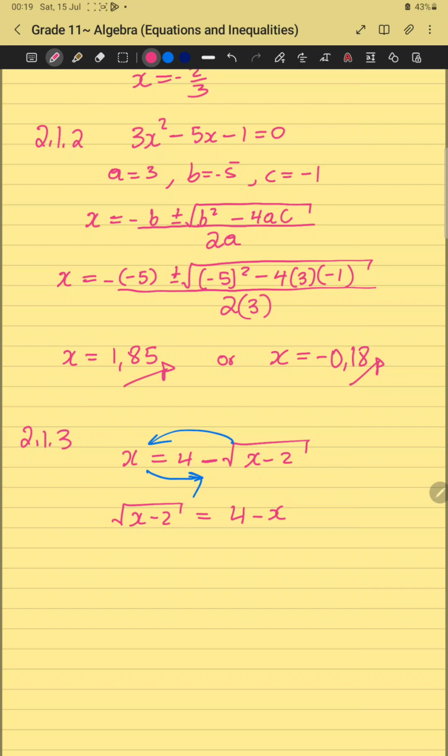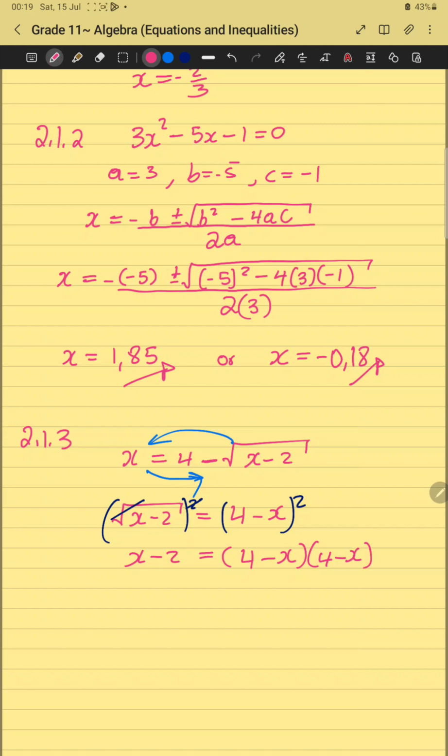And then from here we're going to remove this square root by multiplying by the square root of 2 on both sides. This is going to cancel this one, and then we are left with x minus 2 equal to, and then we just split.